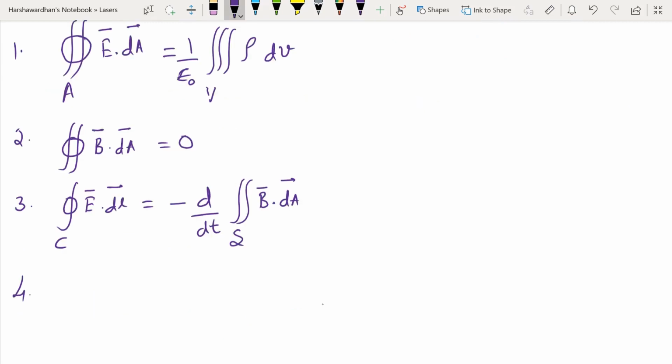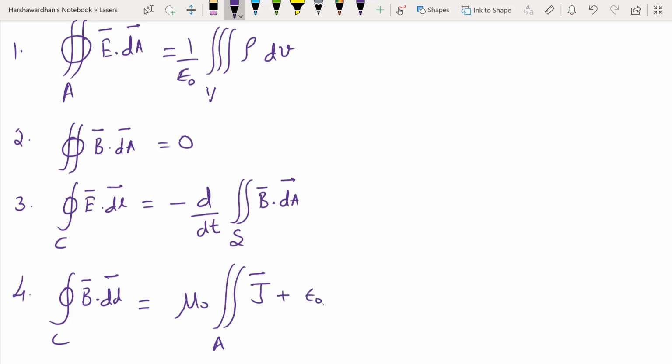The fourth equation is the Ampere's law, which essentially states the following, that if I'm looking at the total circulation of a magnetic field about a closed loop, then that is equal to mu naught times, so there are two currents, the current which is J, which is current density, plus a change in the electric field.